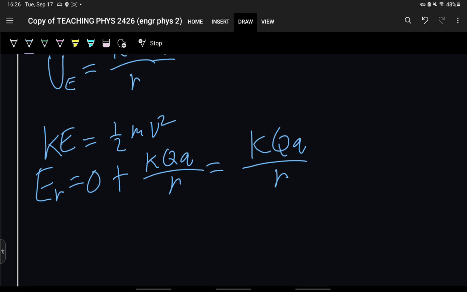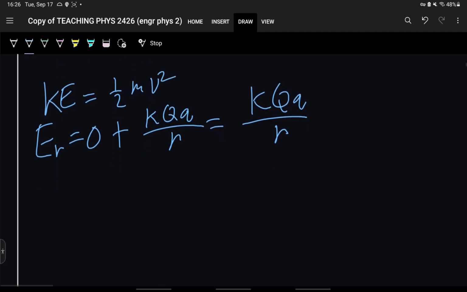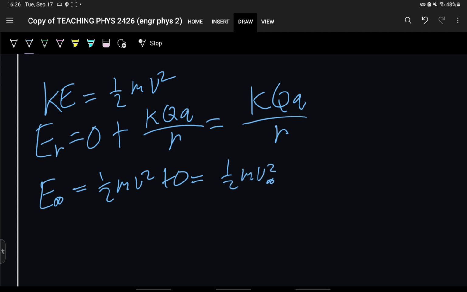And at this point, all of the initial potential energy has been converted into kinetic energy. So at infinity, the total energy is going to be E sub infinity is equal to 1/2 times m times v squared plus 0, which is equal to 1/2 times m times v sub infinity squared, where v sub infinity is the speed of the charge lowercase q at infinity.